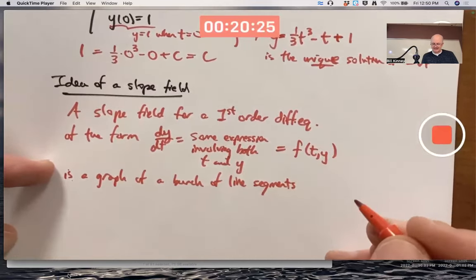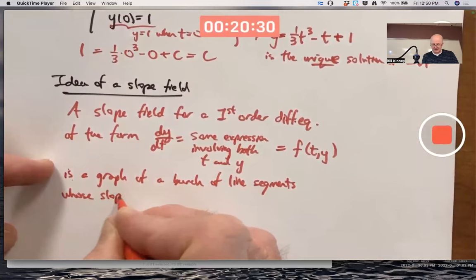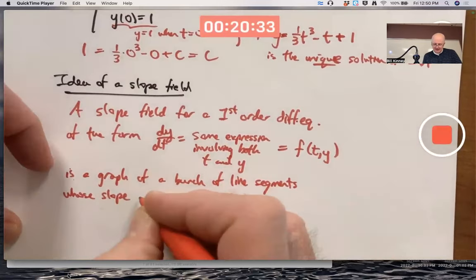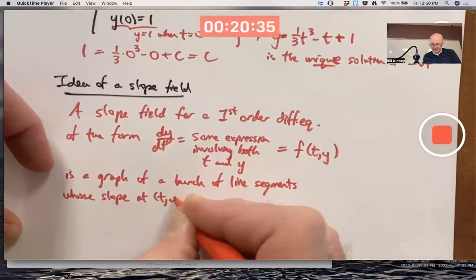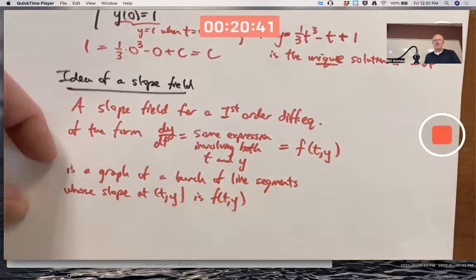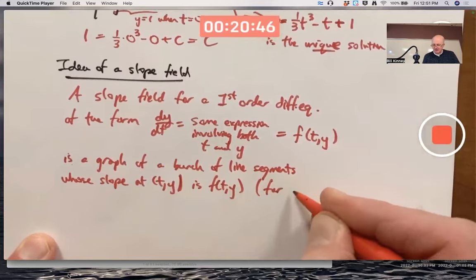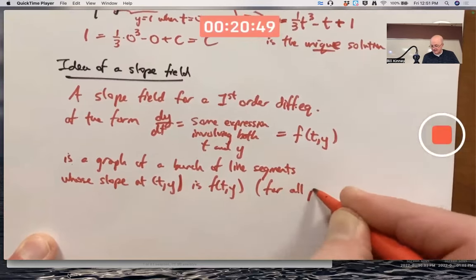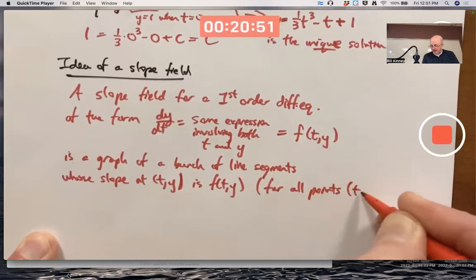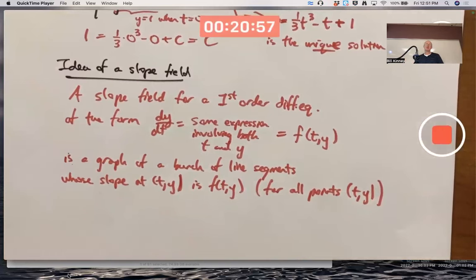This is not very precise, whose slope at the point t comma y, for many points t comma y, is f of t comma y. For many points, or you might even say for all points t comma y in the entire plane, if the function f of t y is defined over the entire plane, which it may or may not be, though for our examples it will be. It's a little confusing.